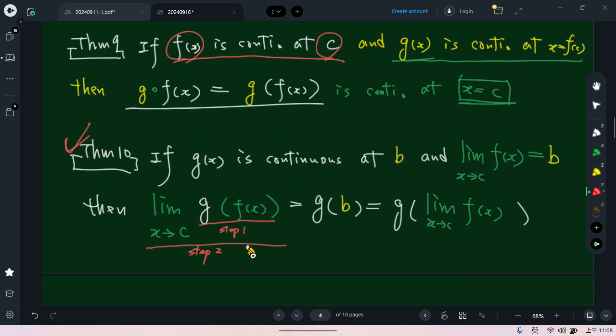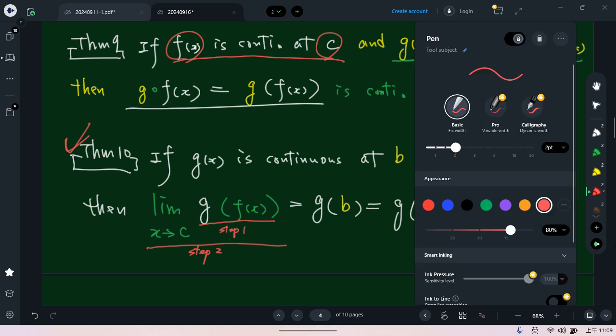But the result is g of b. So g of b, you can just convert it as g of the limit as x approaches c of f of x. So you can see this one is different from this one.